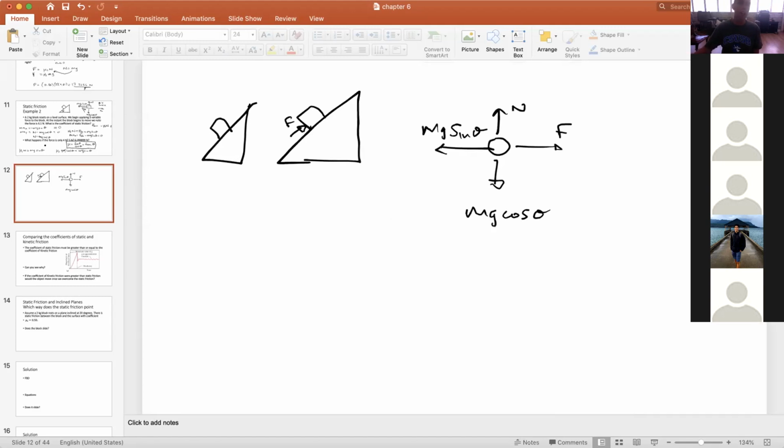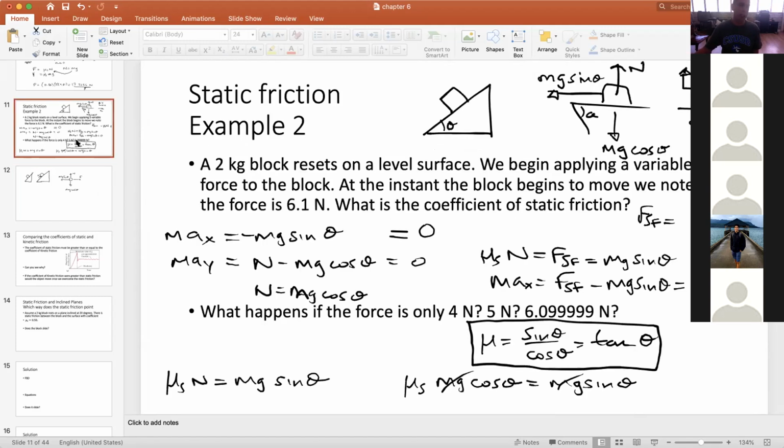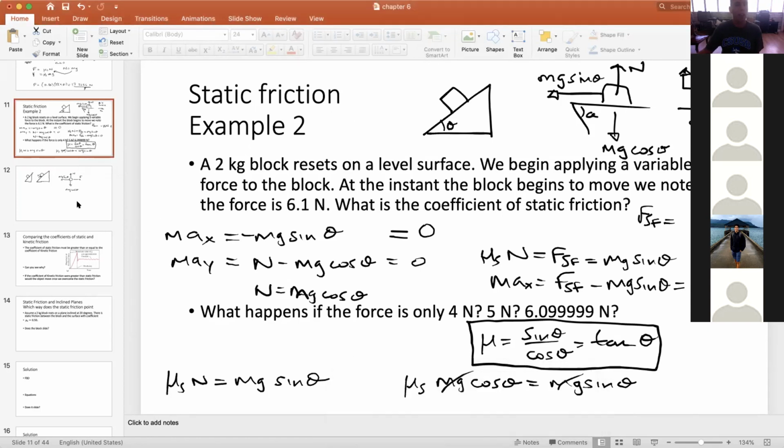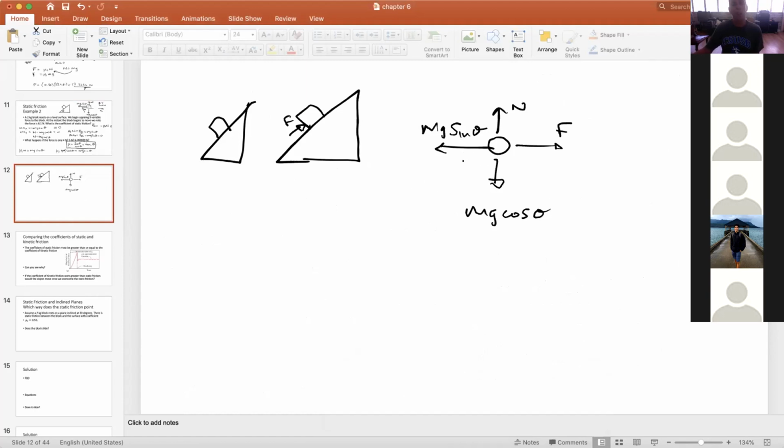If we go back to this problem, I forgot to include the force, so that's what I'm fixing right now. Let me do this really fast. With the force, I'm assuming A is going to be up, X and Y. Then friction has to oppose that force.